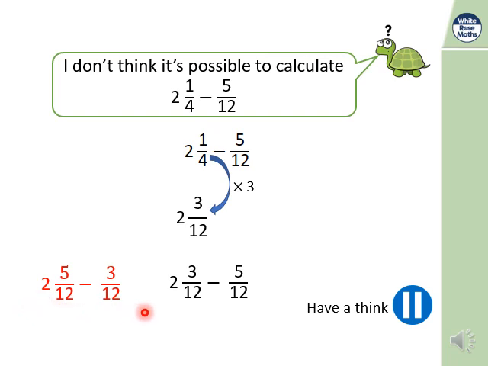But in the calculations we're doing today, we can see that 5/12 is larger than 3/12. So when we take away, we're going to break that whole. That means we're going to have to do something with this whole number and think about what to do with that. So pause the video, have a go. What do you think 2 3/12 take away 5/12 is?